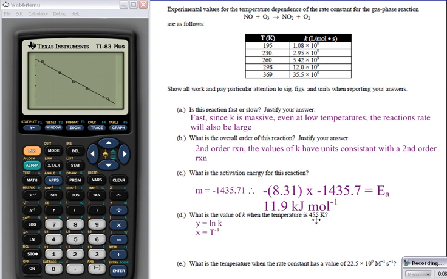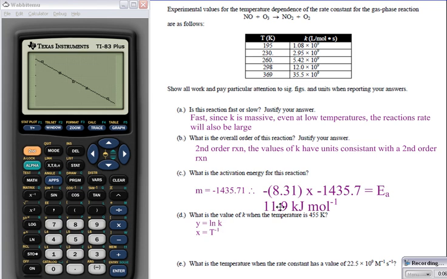So if we're given a temperature and we're asked to find k, we're looking for y when x is 1 over 455, because remember, it's the reciprocal of our temperatures. So the reciprocal of 455 equals x.